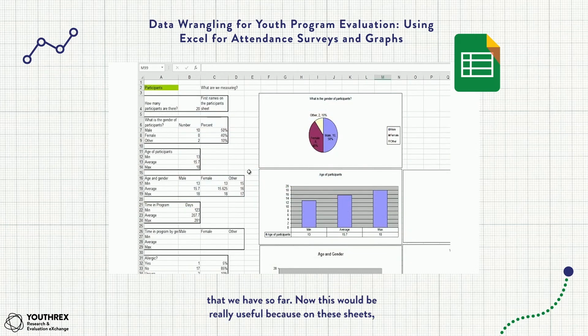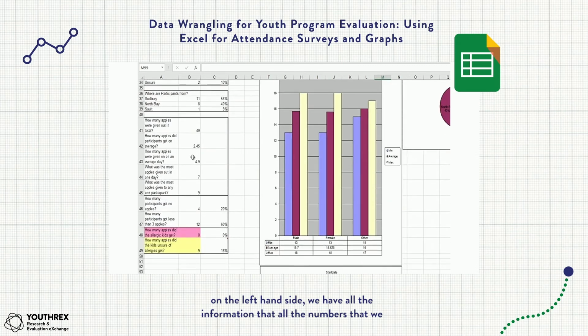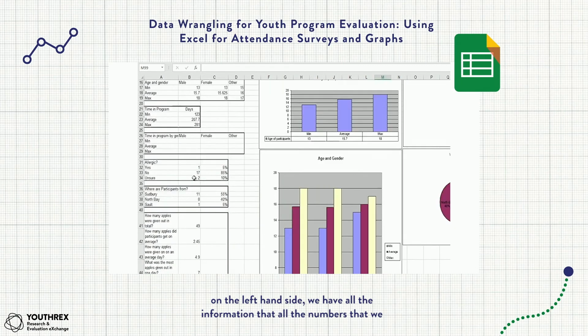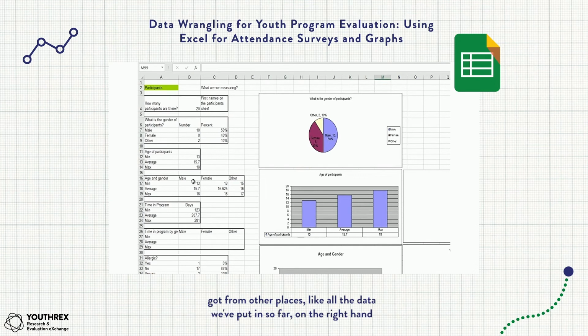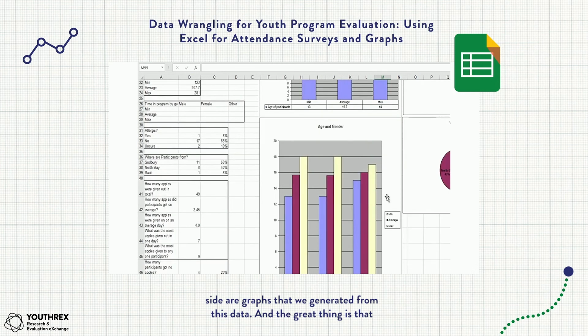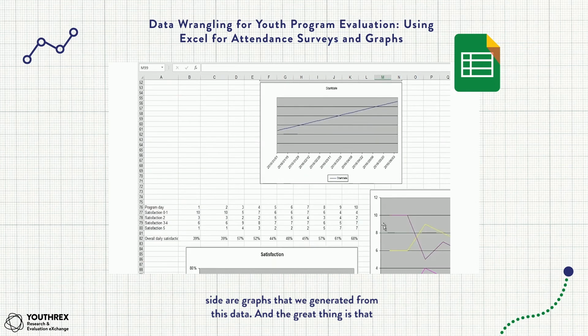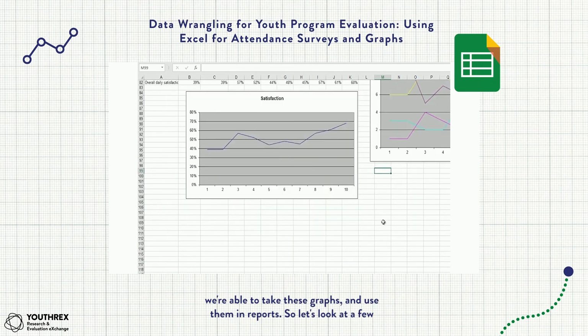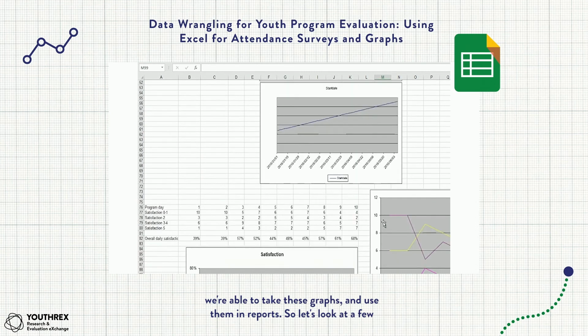Now this would be really useful because on these sheets, on the left-hand side, we have all the numbers that we got from other places, like from all the data we've put in so far. On the right-hand side are graphs that we generated from this data. And the great thing is that we're able to take these graphs and use them in reports.